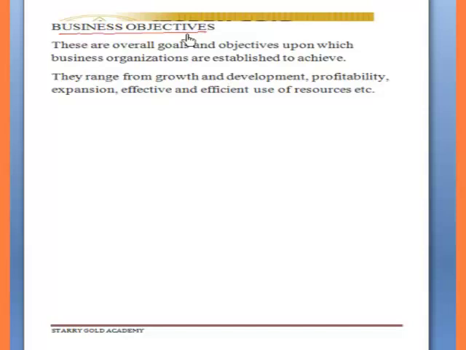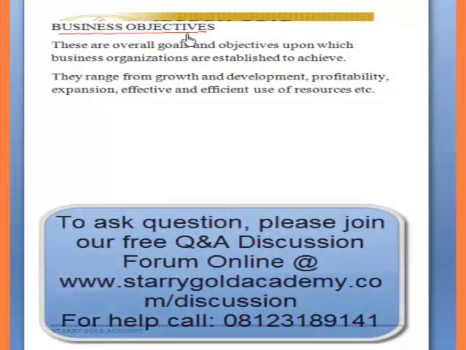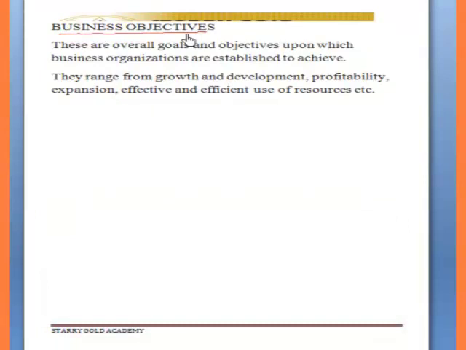So by business objectives, we are more concerned with the overall goals and objectives upon which business organizations are established to achieve. It is believed that when businesses are undertaken or conducted, the purpose is to achieve certain targets, hence business objectives.